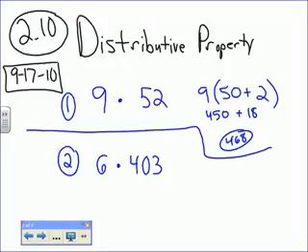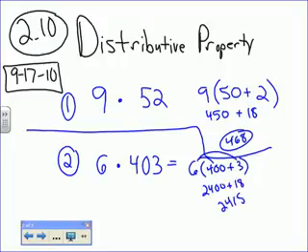Because you have two zeros. 6 times 4 is 24, and you just put the two zeros on there, so 2,400. And you add to that 18, so 2,418. A little mental trick you can do is take that number and just split it into parts. So we said this was 2,400, this was 18, so you get 2,418.